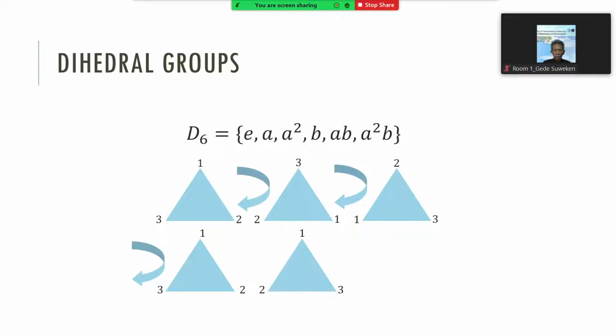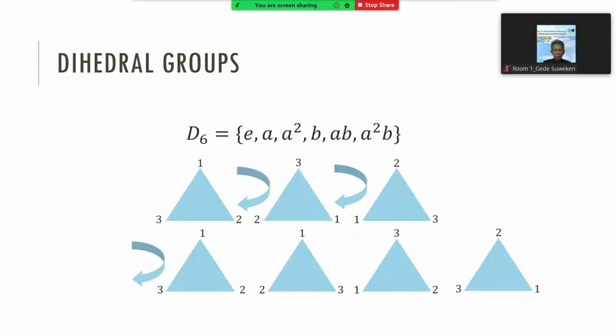The second symmetry is if we draw a line across number 2 like this, so number 1 and number 3 switch. And the last is if the line crosses number 3, we have the last symmetry.